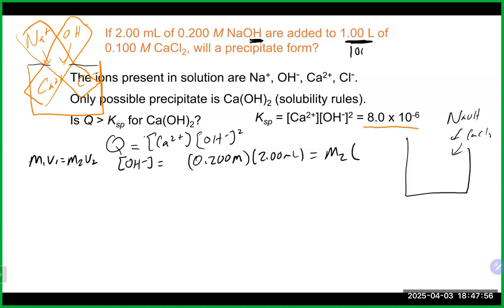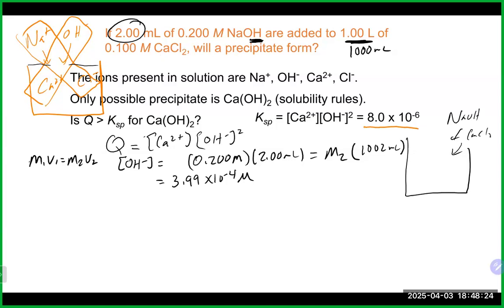That's 1,000 milliliters plus my 2 milliliters, which gives me a final volume of 1,002 milliliters. So that's 0.2 times 2 divided by 1,002, so everybody's in the same units. That gives me a hydroxide concentration of 3.99 times 10 to the minus 4.